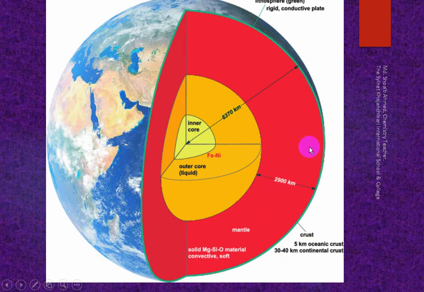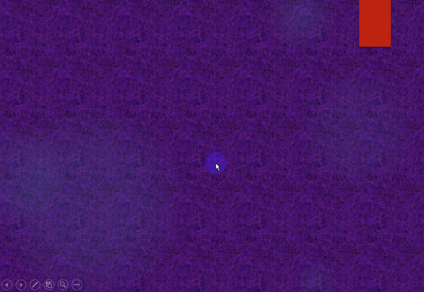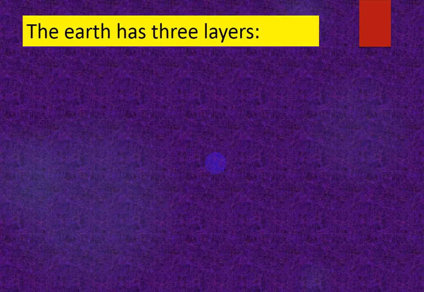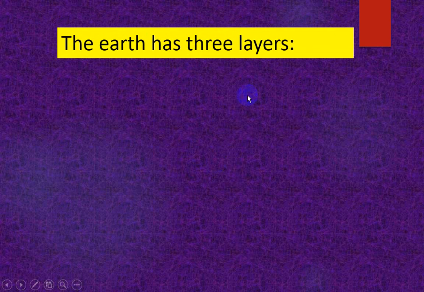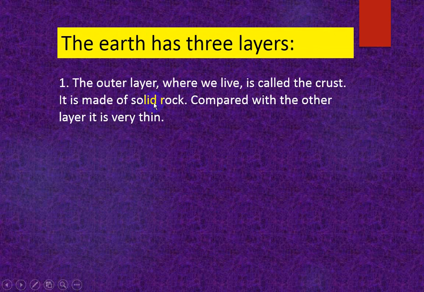Okay, the earth layers are three parts: crust, mantle, core. The earth has three layers. The outer layer where we live is called the crust.